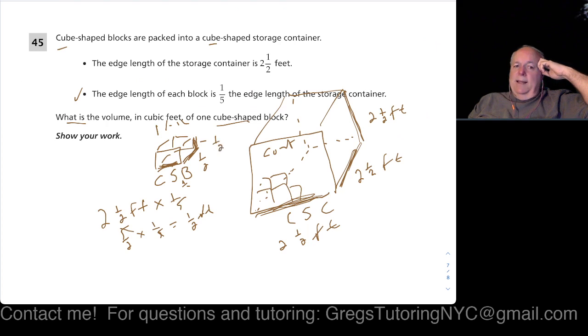And the volume of a rectangular prism is normally the length times the width times the height, and in the case of a cube, it's the side length cubed.